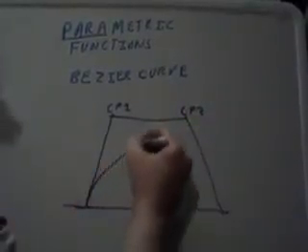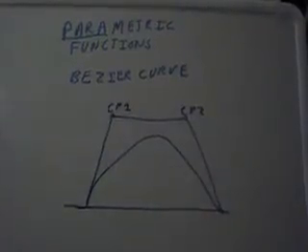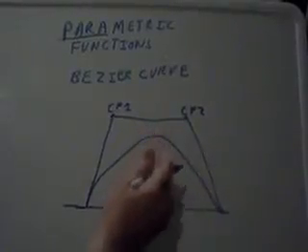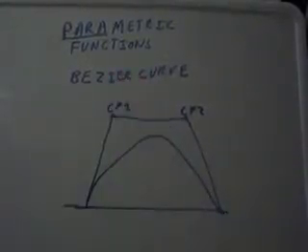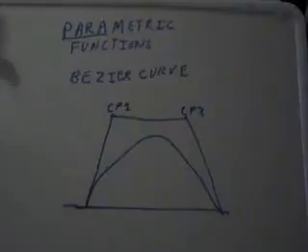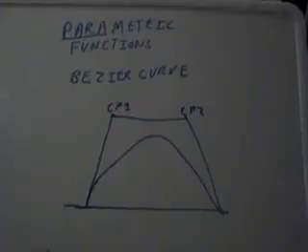And these two control points would control not only how wide this parabola is, but how far out it is too. So like I said, you can have a quadratic Bezier curve, which is what I showed you previously, or you can have a cubic Bezier curve, which is what I'm showing you now. So, you can either have one control point or two.